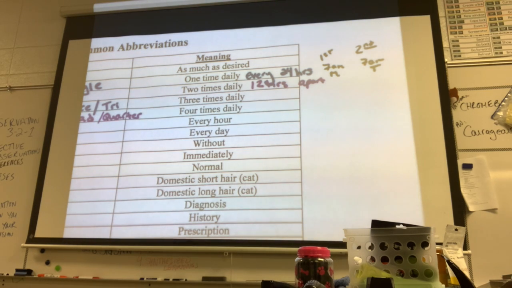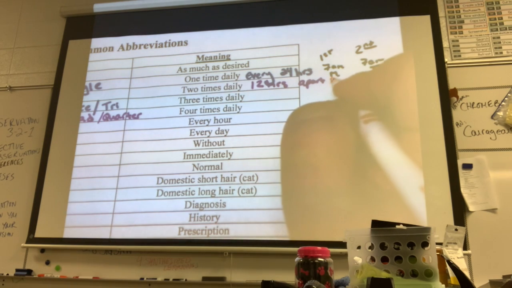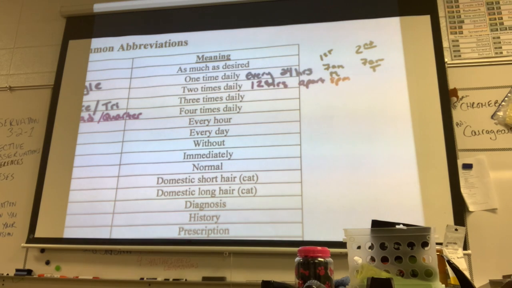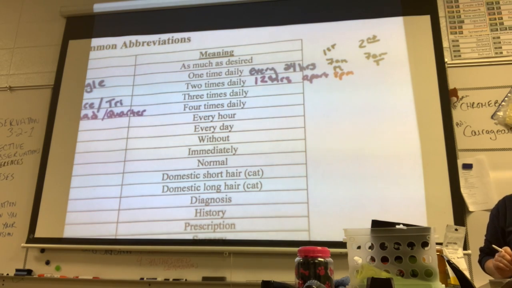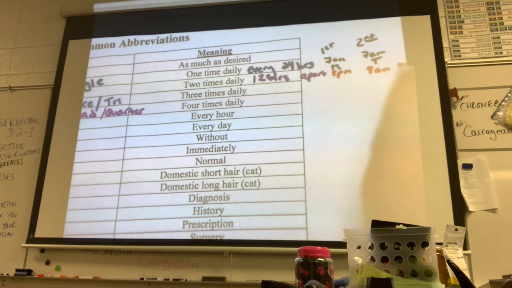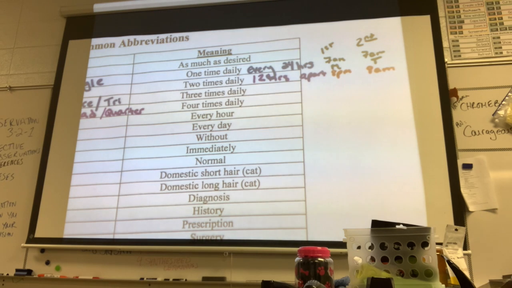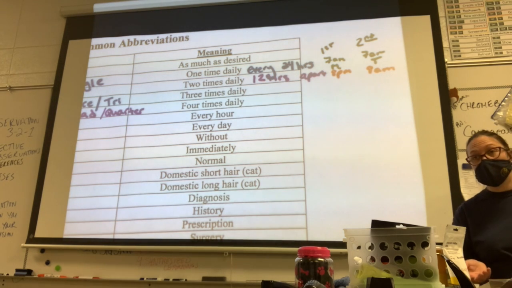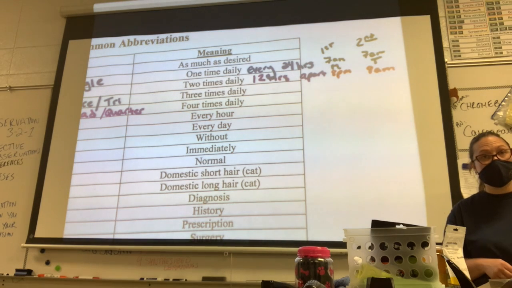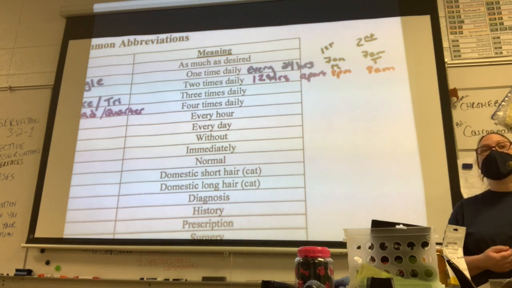So here, if my first dose is at 8 p.m., when's my second dose? 8 a.m. So if I'm at a doctor and they prescribe me a medication that's every 12 hours and it's 2 p.m., when's my next dose going to have to be? 2 a.m. Am I going to want to wake up at 2 in the morning to give my dog medicine?